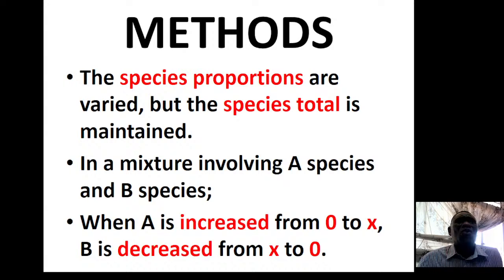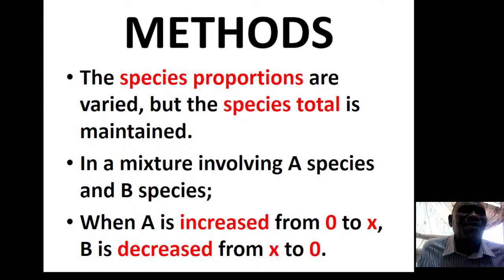So, how do we conduct a replacement series experiment? The other name for replacement series is substitutive experiment. Now, the species proportions are varied, but the species total is maintained. I will demonstrate this statement.